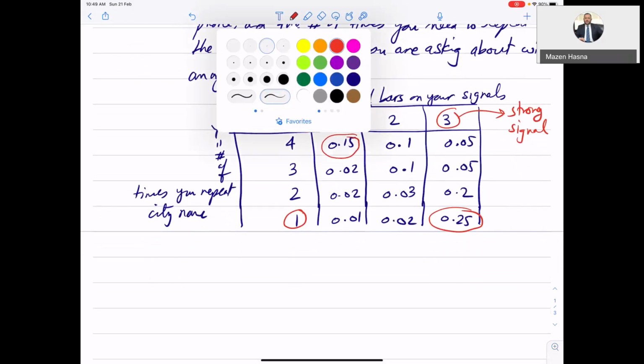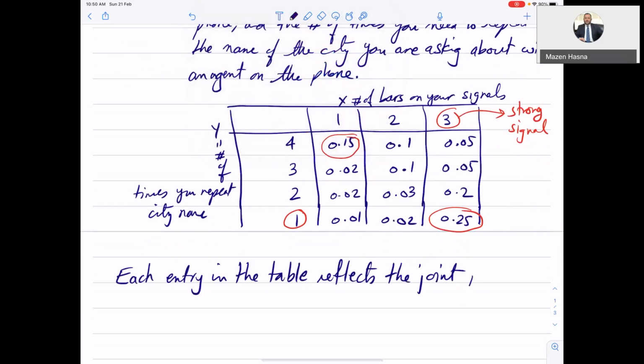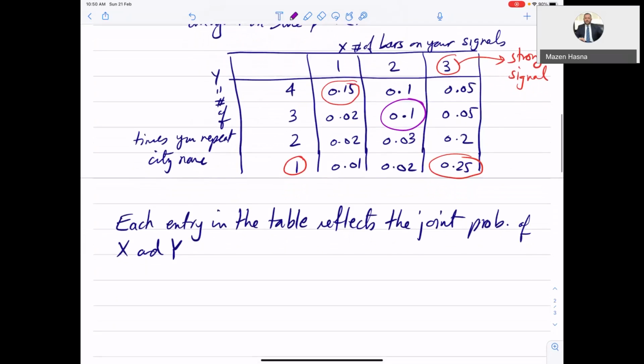Each entry in the table reflects the joint probability of X and Y. For example, let's say this 0.1: it's the probability that X equals 2 and at the same time Y equals 3 is 0.1, which is 10% of the time.